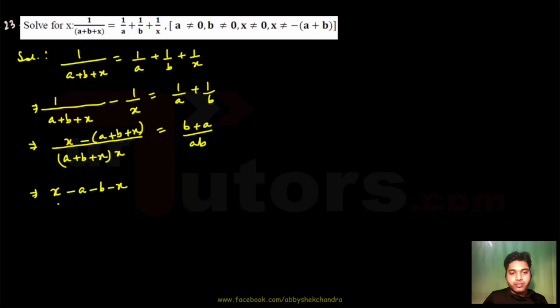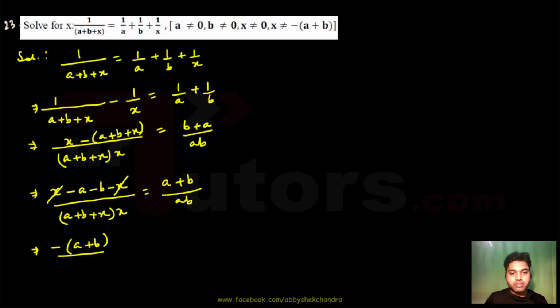Fine. By a plus b plus x into x equal to, I can write this as a plus b by ab, or this x and this x cancel, minus if I take common, so I'll get this by a plus b plus x equal to a plus b by ab.